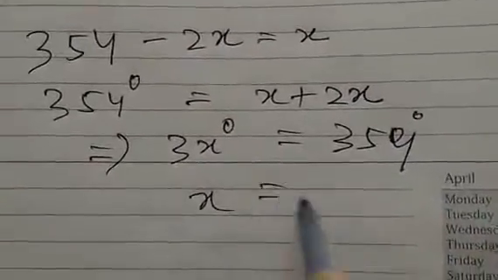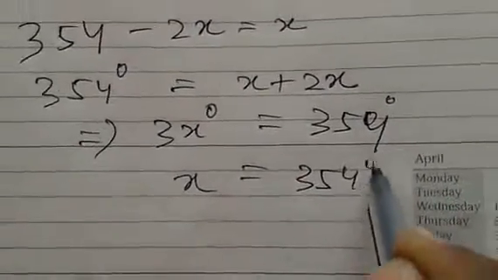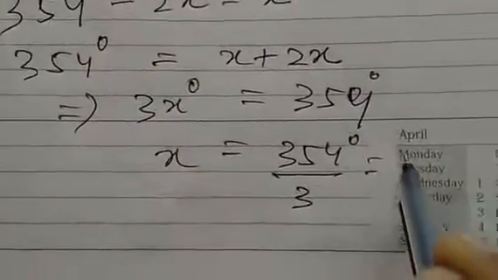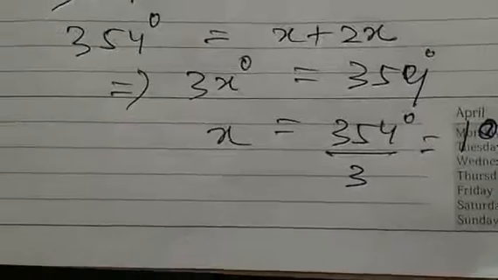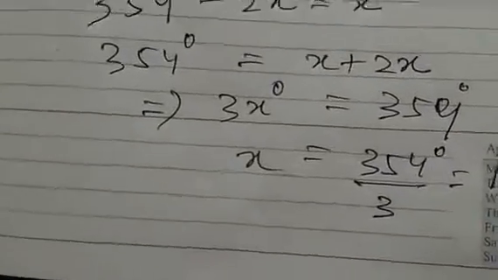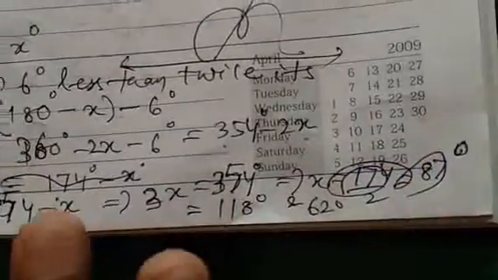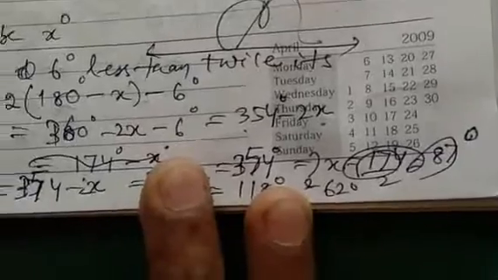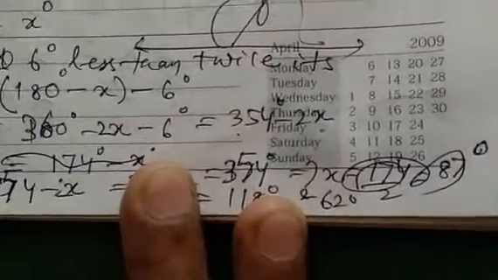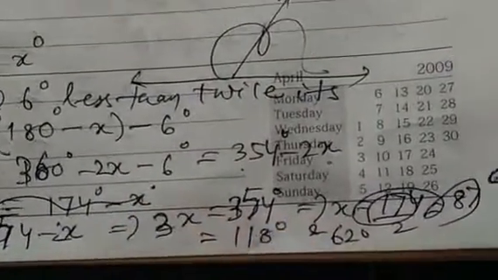Therefore, x is equal to 354 degree by 3, which is 108 degree. That means the measurement of that angle is 108 degree, and its supplement will be 180 minus 108, that is 72 degree.